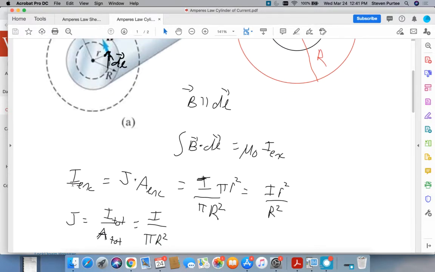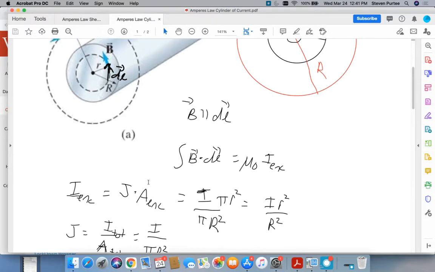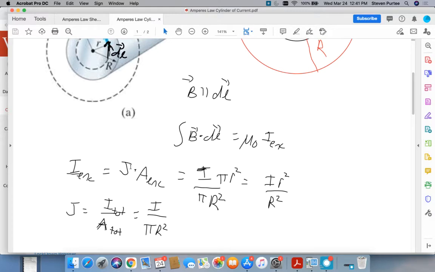So I enclosed will be my current density times my area enclosed. In this case, J, the current density, will be current per cross-sectional area because my cross-section is an area. So this is the trickiest part right here, figuring out I enclosed.